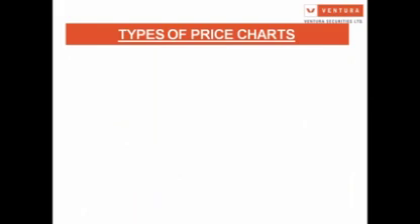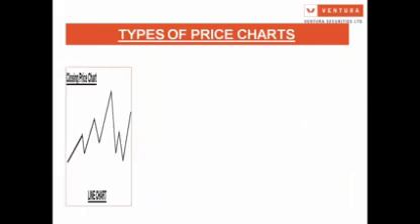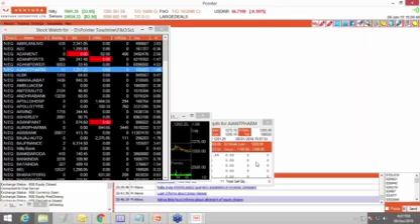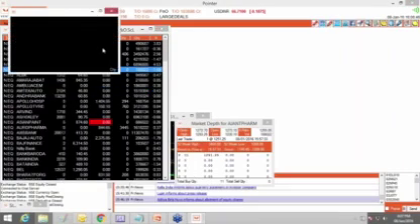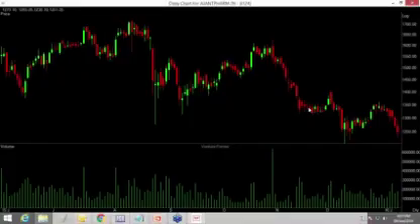Now, types of charts. First is the line chart, that is the closing price chart. This line chart is made by connecting the closing price of the day. If you see in the terminal, if you right click on the scrip, you will see the daily chart option.